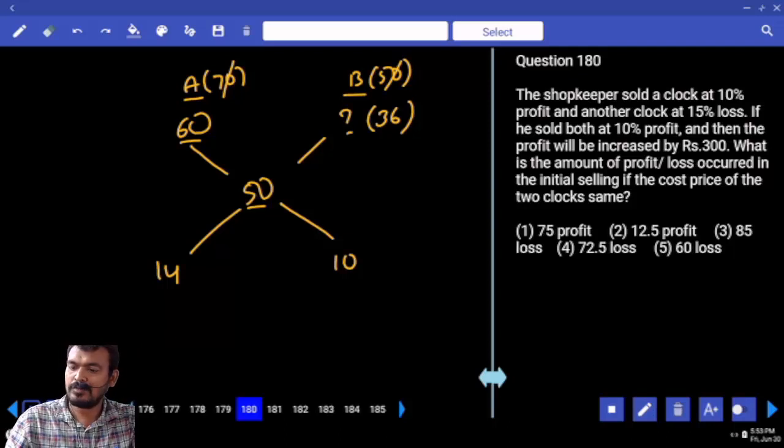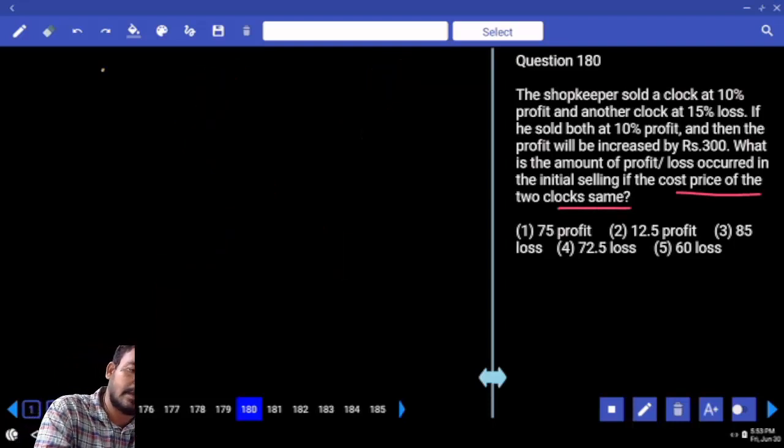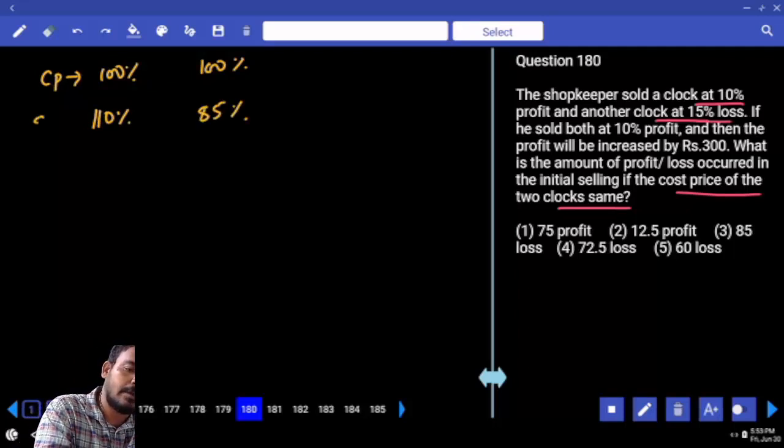First of all, each one's cost price is the same or different? Same. First one's cost price we consider 100%. Second one's cost price also 100%. But the first one sold at 10% profit, means the selling price of the first one is 110. Second one 15% loss, means selling price 85%.